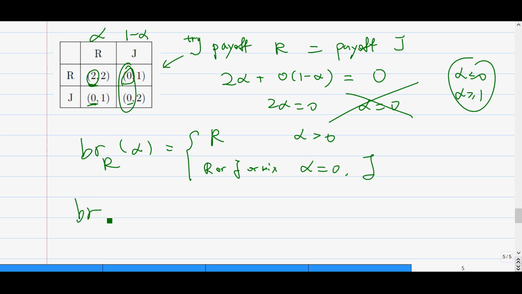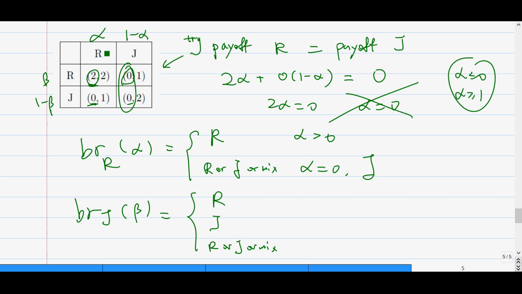So the best response of the other guy, Juliet, with Romeo mixing with probability beta and 1 minus beta is like this. So I either go to R or I go to J, or kind of mix. So it's always this format. Let's just solve some algebra. When is R better?